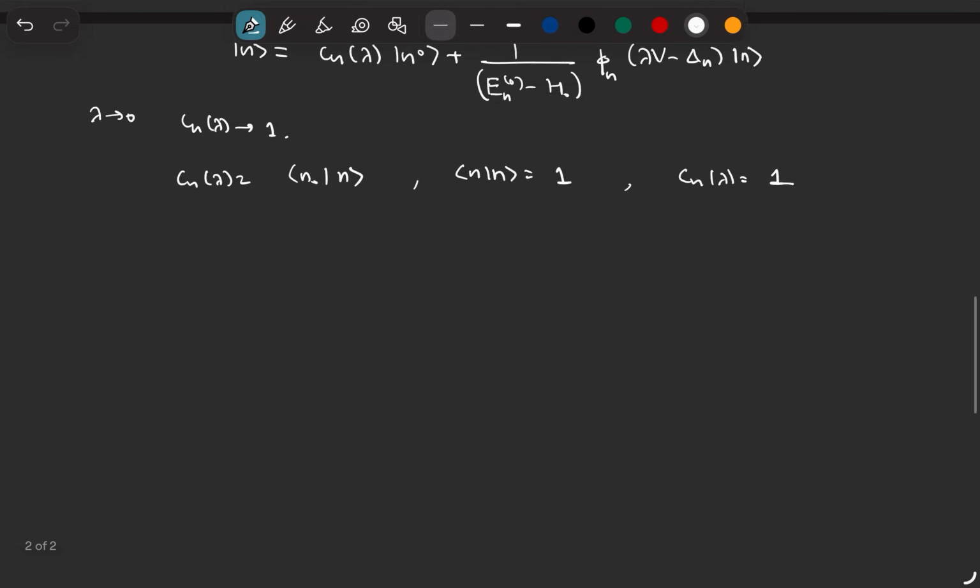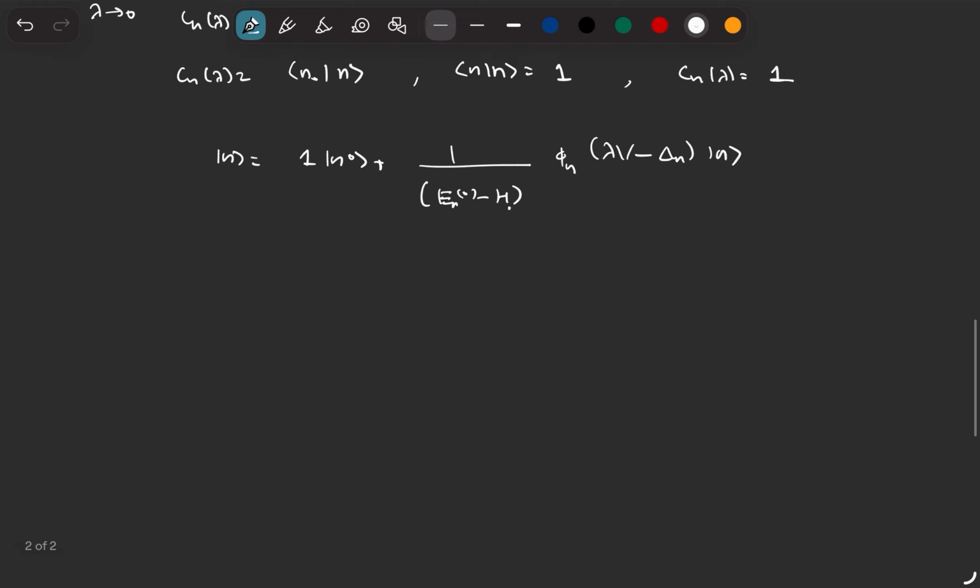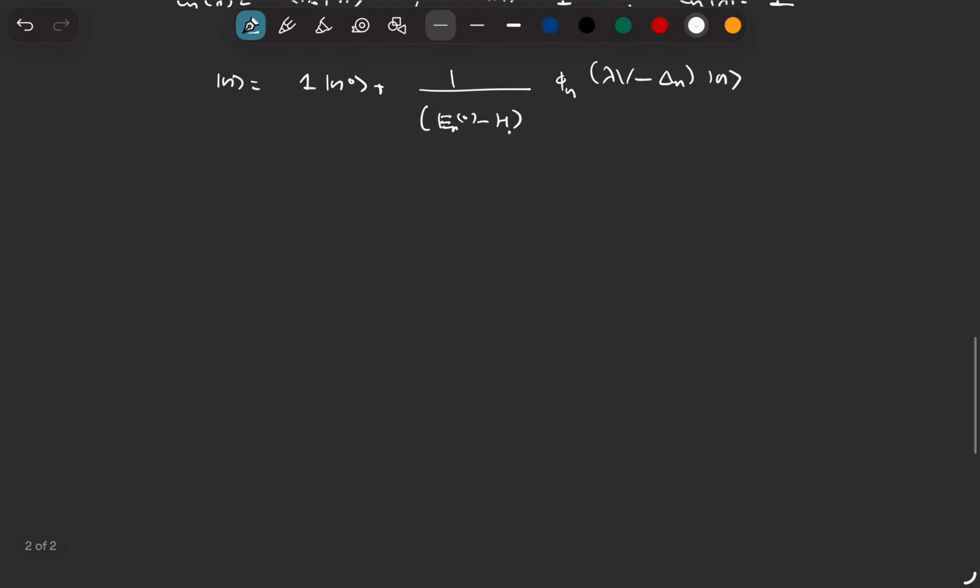So for now, I will just set this, and I'll have my |ψn⟩ as 1 times |n0⟩ plus 1 upon E0 minus of H0 φn Λ V minus of Δn |ψn⟩. Great. Okay, so for now everything seems fair and fine.